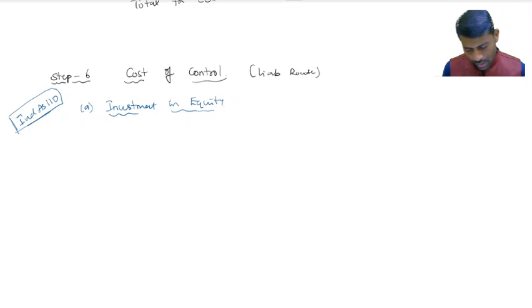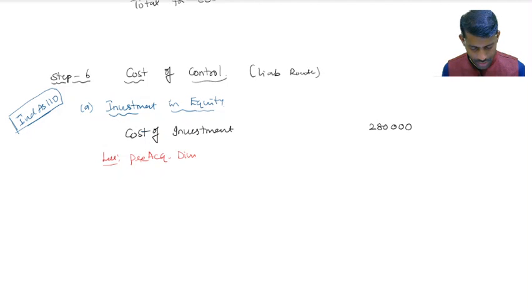So here, let's go. First is what is the cost of investment? 2,80,000. Less pre-acquisition dividend wrongly credited to P&L.